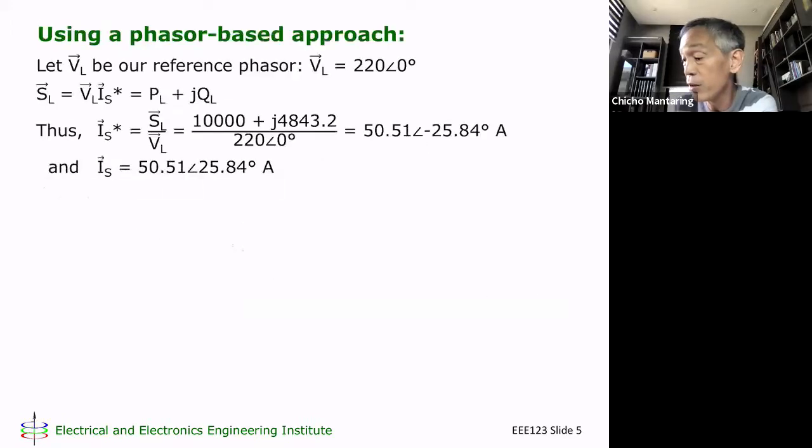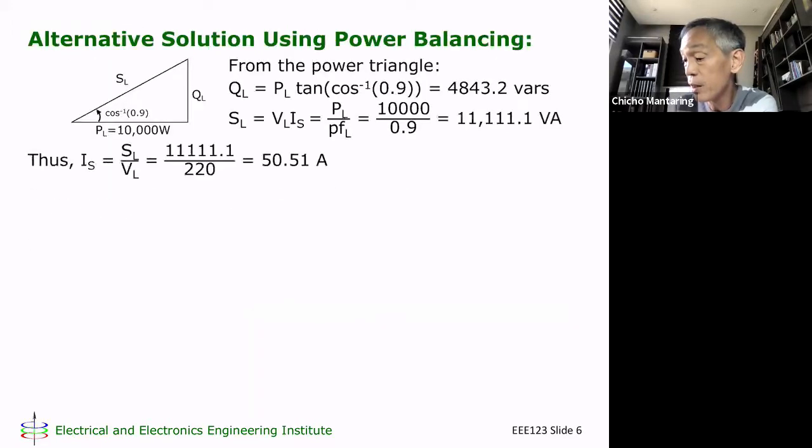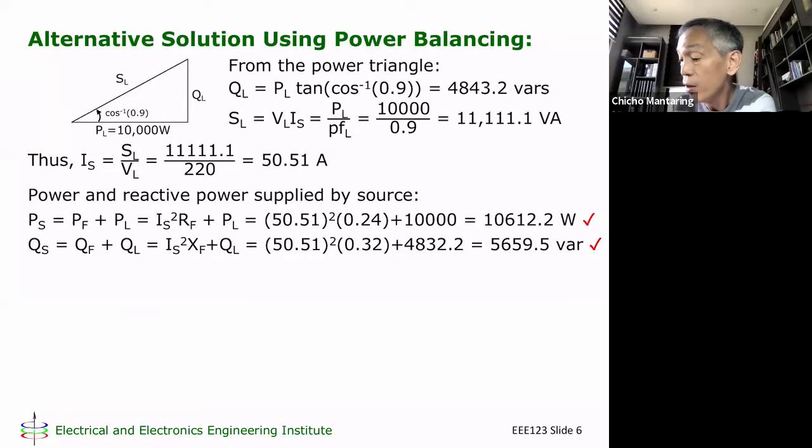So let me go ahead. Okay, and then the power absorbed by the load is 10 kilowatts or 10,000 watts. So right away, I can compute for the power delivered by the source. And then you have a similar way of computing for the reactive power delivered by the source. That's the reactive power delivered to the feeder line plus the reactive power delivered to the load.